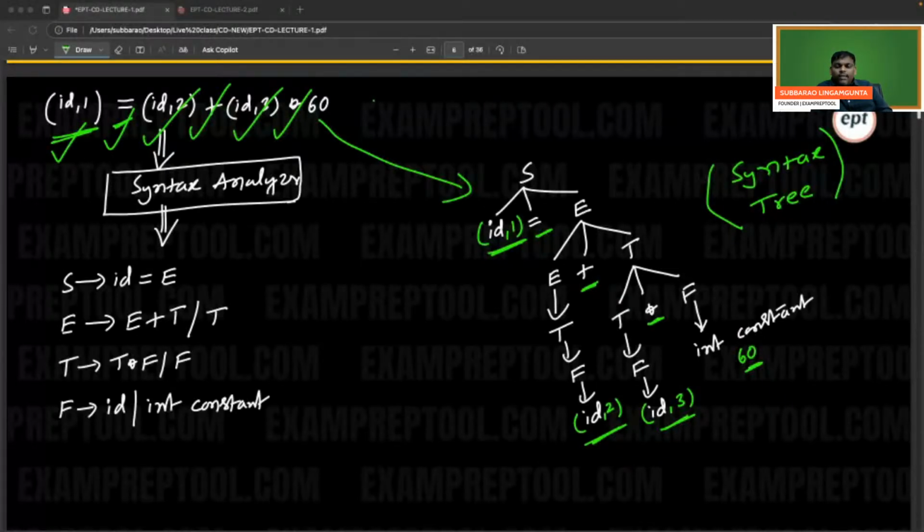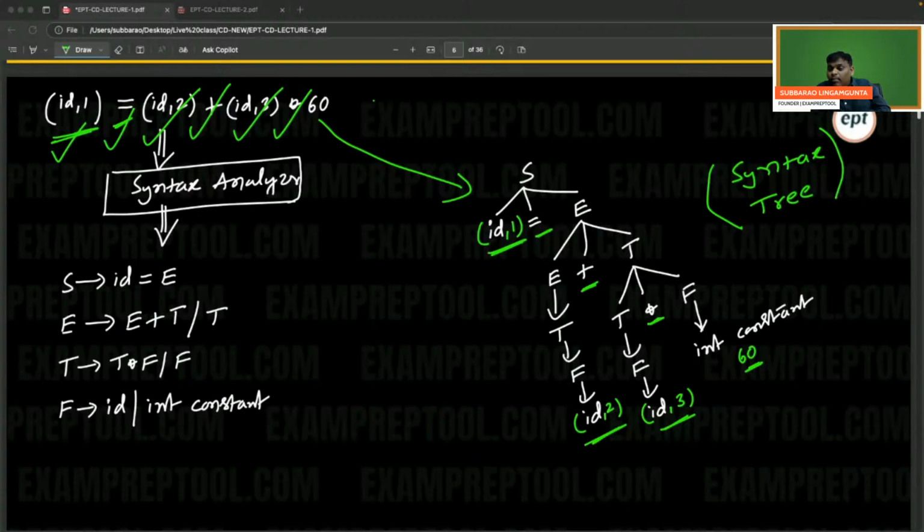Everyone try. Syntax analyzer input. Token string. Anything else? Syntax analyzer input is token string. Output is syntax tree. That is also okay.